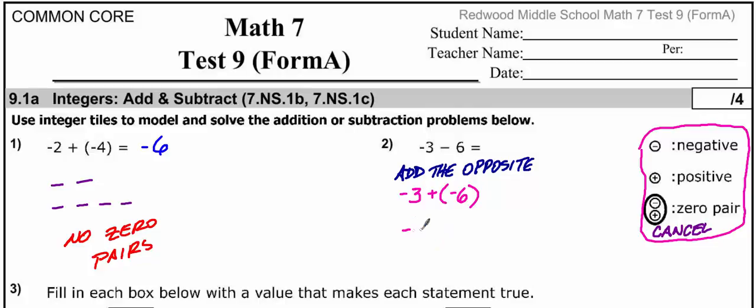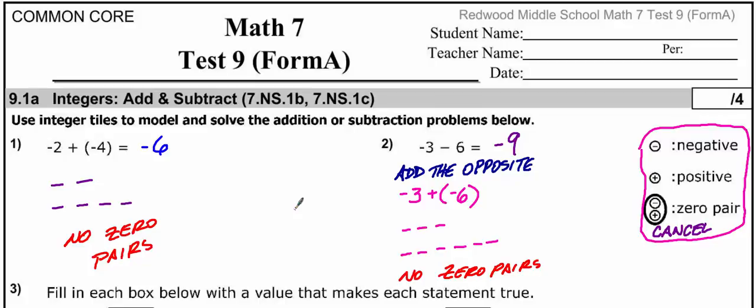So now we're ready to write down the 3 negatives that we have first, plus 6 more negatives: 1, 2, 3, 4, 5, 6 more negatives. Once again, this problem shows no zero pairs. Nothing cancels out. And when we count, 1, 2, 3, 4, 5, 6, 7, 8, 9, we have negative 9.